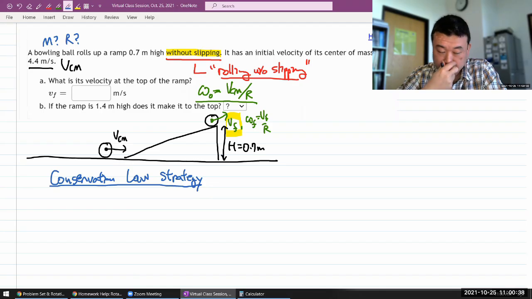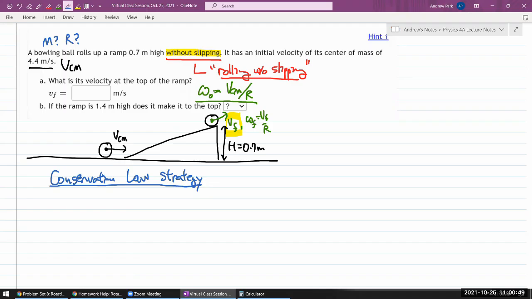And once you are there, then what you should think through is what are the conserved quantities? So far you have learned 3 conserved quantities. You've learned of conservation of energy, or more specifically mechanical energy. You've learned of conservation of momentum, and you've learned of conservation of angular momentum.